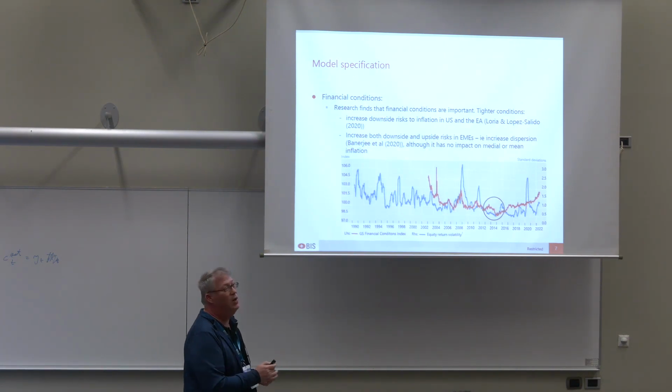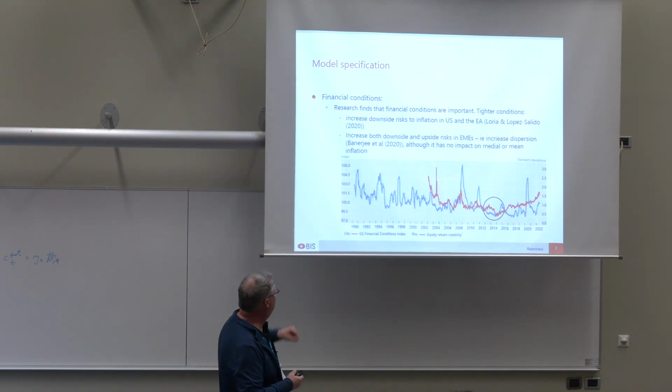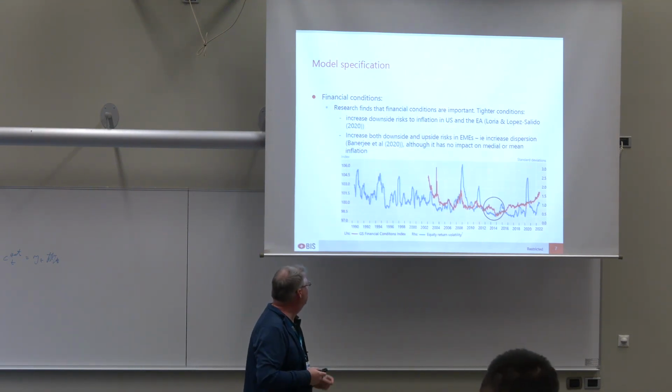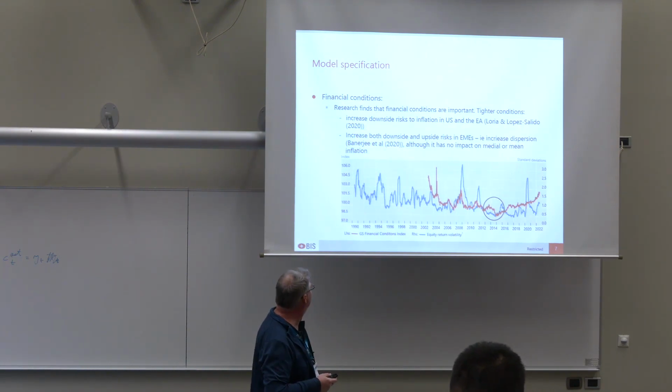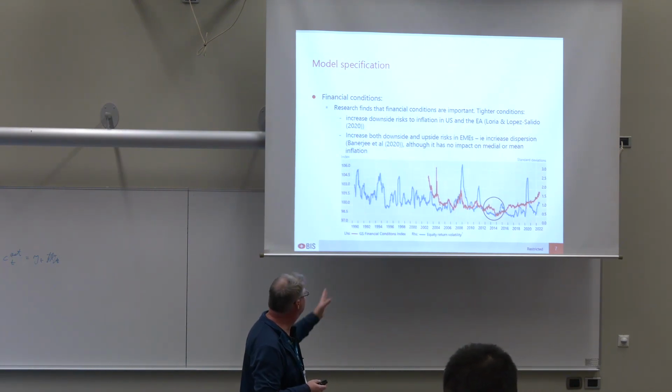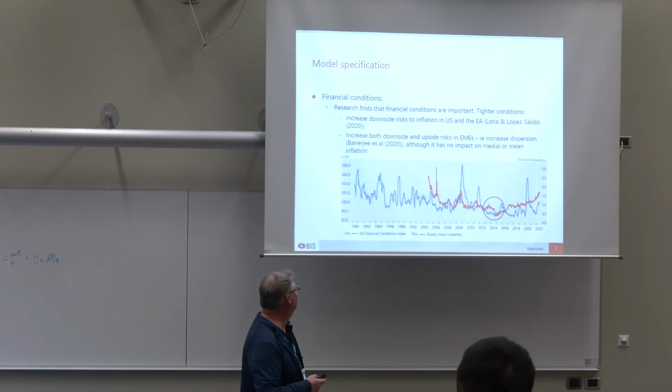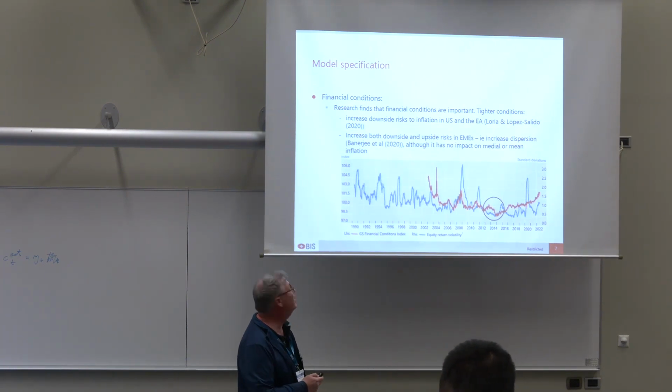One reason why tightening financial conditions in emerging markets also affects the right tail is that this is often associated with exchange rate depreciation, and this also drives inflation up. So here I plotted a couple of measures of financial conditions. One is the Goldman Sachs financial conditions index. The other one is the realized equity return volatility.